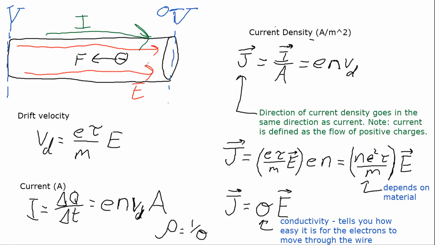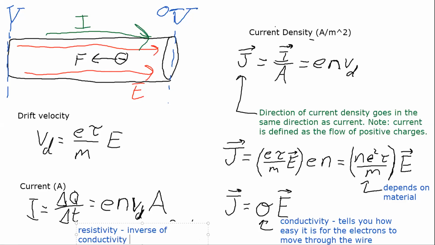I'll make a little arrow to define that. And that's just the inverse of conductivity.